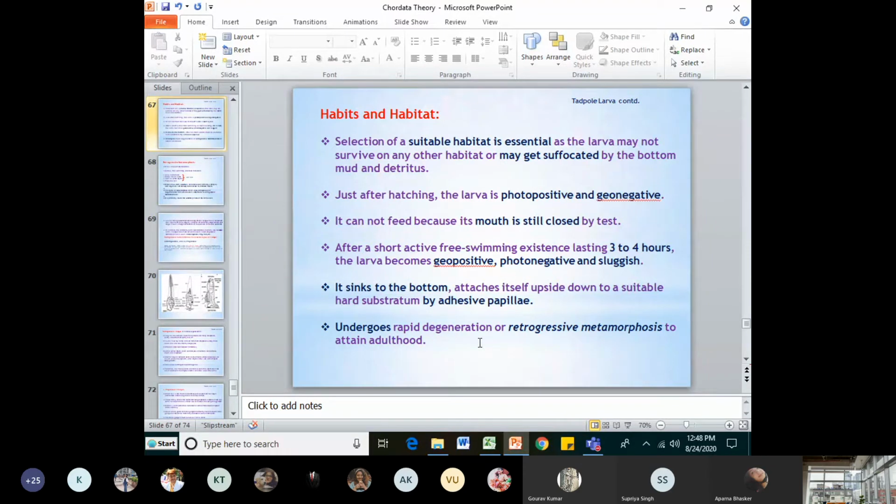And in the previous semester, when we studied non-chordates, there was one larval form, the larva of Sacculina. That larva was also advanced as compared to the adult non-chordate creature. So here comes the retrogressive metamorphosis in the life cycle of some non-chordates as well.